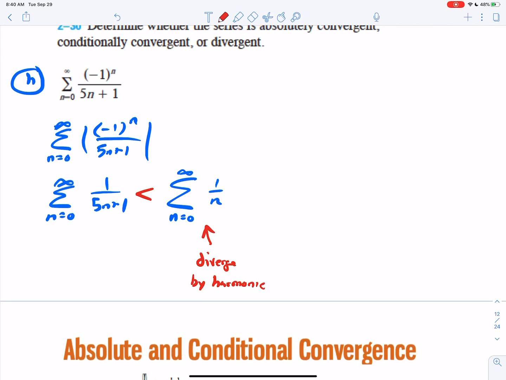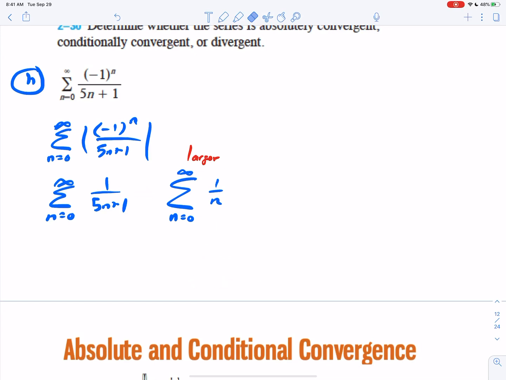Okay, now if the larger series diverges, does that guarantee that the smaller one will? Okay, so notice how this doesn't work. Okay, so here, I mean, we can't say that it diverges. We're just at an inconclusive right now. So let's try another avenue.